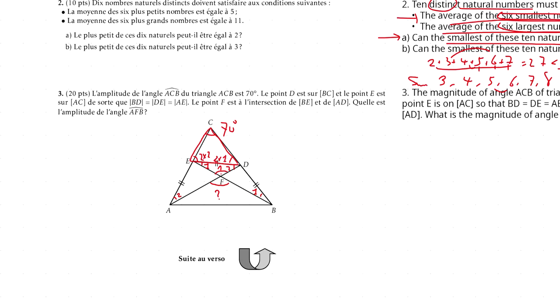Then it's quite easy to find that twice angle 2 plus angle 1 is the supplementary angle of angle C. So it's 180 minus 70. That means the sum of angle 1 and angle 2 equals 55.